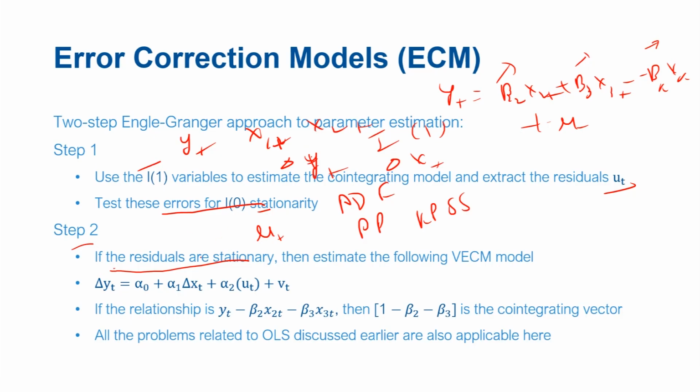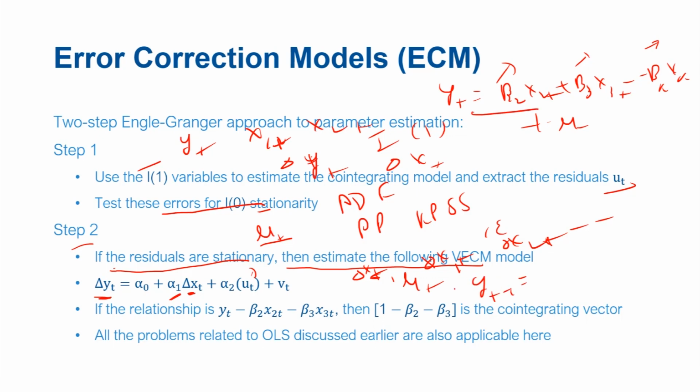However, if you find that mu t's are stationary, then you can approach with the VECM, or what we call the error correction model, which is a combination of these changes in delta yt and a short-term relationship represented by delta xt, along with alpha 1 and mu t, which is the error correction term. Now please note, delta xt need not be only one variable, it can be a system of variables such as delta x1t, delta x2t, and so on, multiple such variables. And the second term, mu t, represents that long-term relationship such as we discussed earlier. For example, it can be yt minus 1.